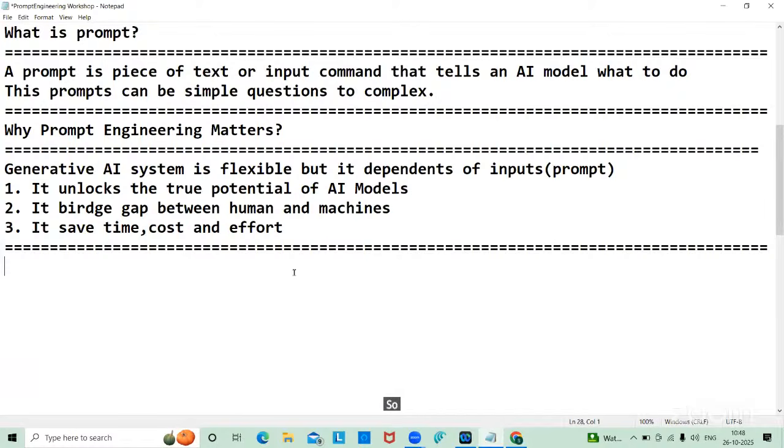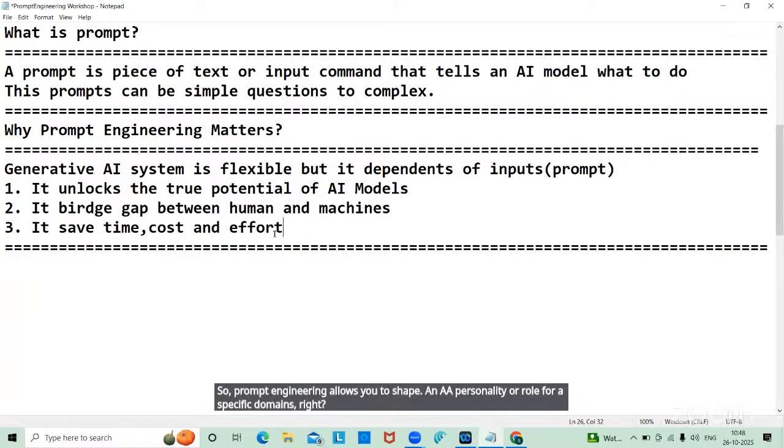So it saves the time, cost, and everything. But how does it save time? It saves the time, cost, and effort. Prompt engineering allows you to shape an AI personality or role for specific domains, right?